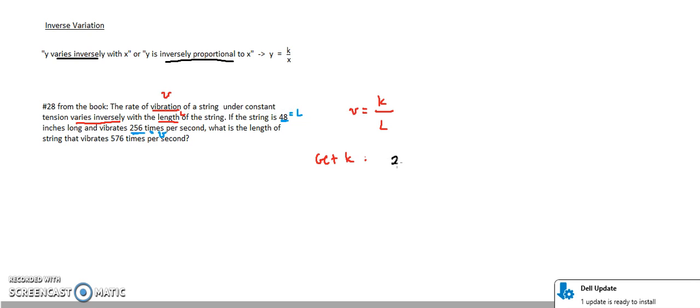All right, so we've got 256 equals K over 48. And on these, we're going to have a little bit of a fraction, but that's okay. Remember from our review sheet, how do we clear a fraction? We multiply by the denominator. So multiply on both sides by the denominator. On the right side, they're going to cancel out.